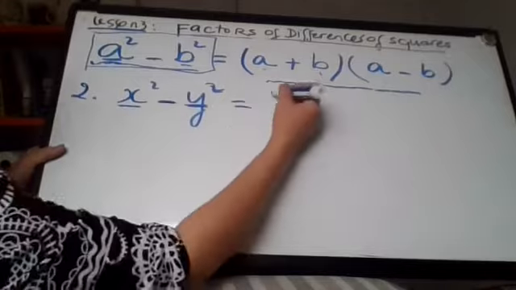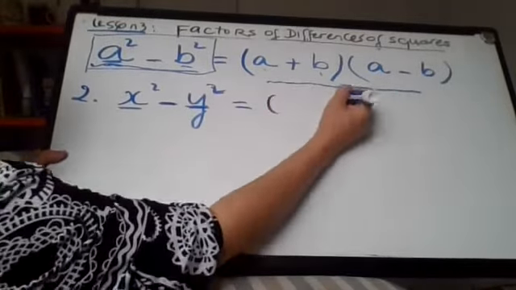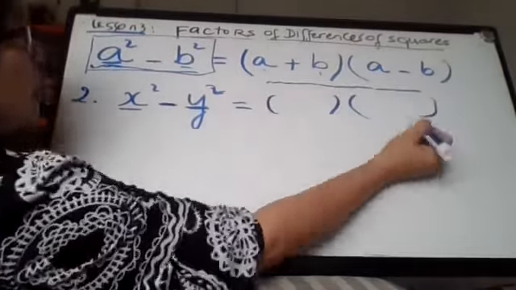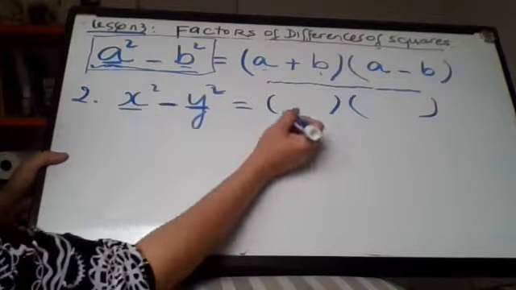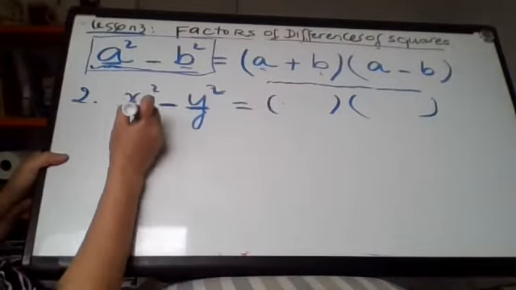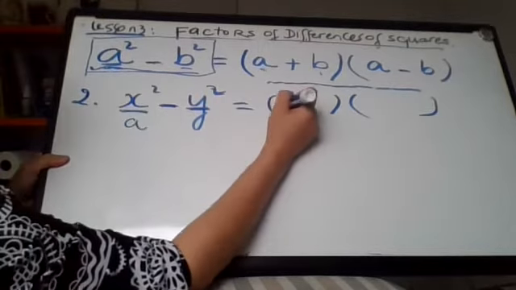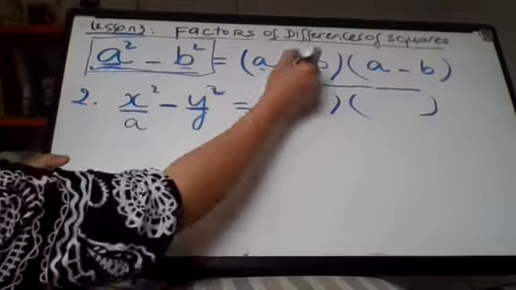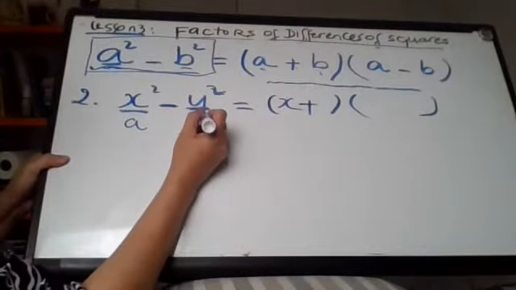Now, follow the formula. How do I factor this expression? Again, it will be equal to two brackets multiplied together. That's how we factor it, right? So we put the a in here, following the formula. Our a base is in terms of x, so x, plus, following this plus, our b is y.